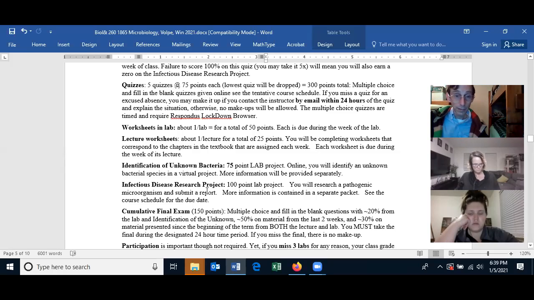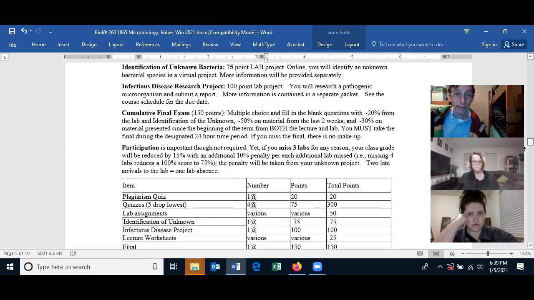And then the last project in the lab is the infectious disease research project. You will be given a topic and then do research on it and then do a report, and it'll be worth 100 points. We'll talk more about that when the time comes. I should mention that the quizzes and the final do have questions from the lab, although most of them come from the lecture.